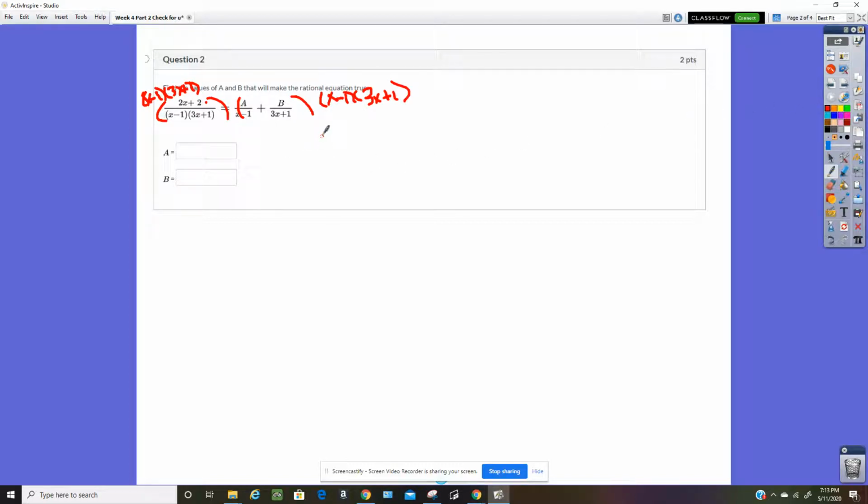So what I end up with is 2x + 2 equals A times (3x + 1) plus B times (x - 1).